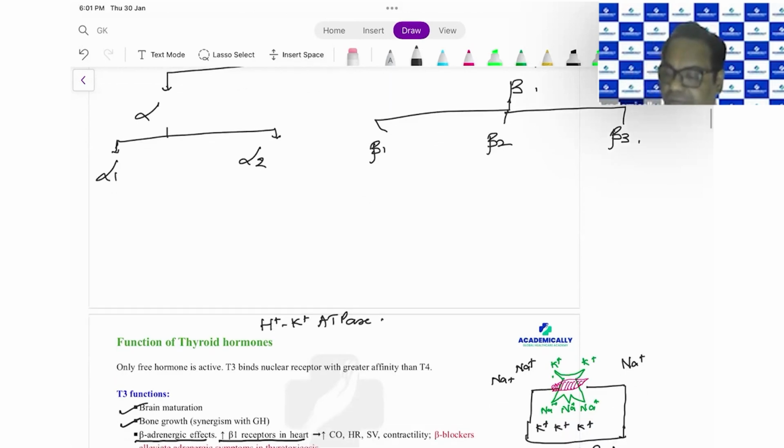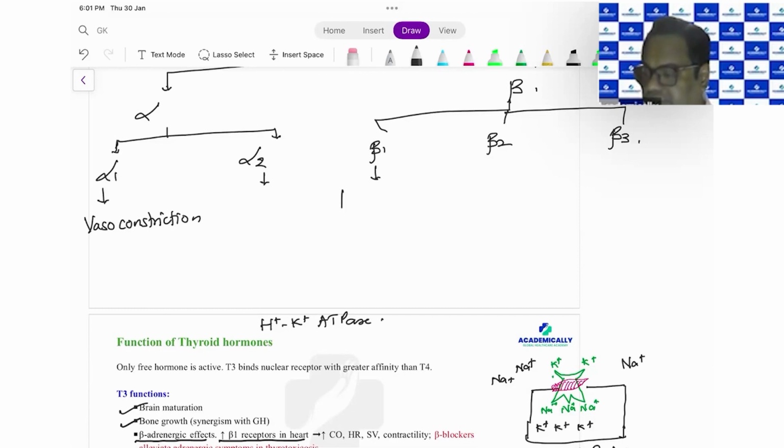All right. So alpha 1, the most important effect of alpha 1 is vasoconstriction. Most important. Apart from the eye effect and the mydriasis, which are different. Alpha 2, basically, acts against the adrenergic system. So at the preganglionic area, it inhibits the system.